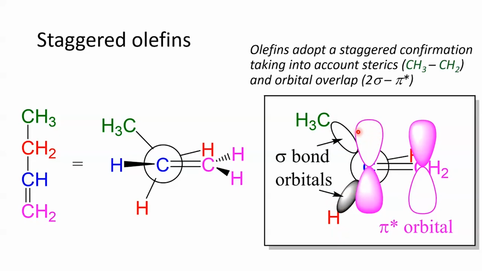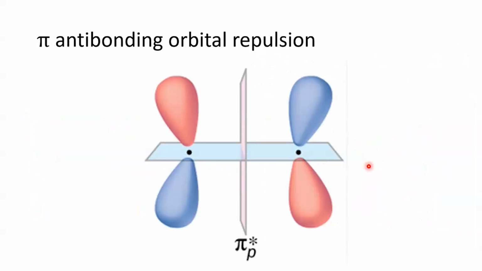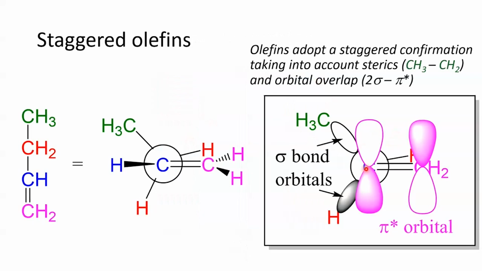So again, this delocalization that can occur, stabilizing the pi anti-bonding orbital, is a factor whereby olefins will adopt this staggered conformation, especially when you consider that the pi anti-bonding orbital actually will repel, adopting this shape more so than this shape. So really, these orbitals should be repelling and really overlapping the sigma orbitals behind them.